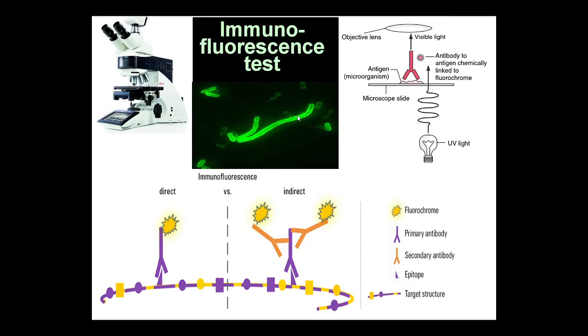Immunofluorescence test is also based mostly on the use of immunoglobulins G. Here you see the immunofluorescent result of the identification of Yersinia pestis.